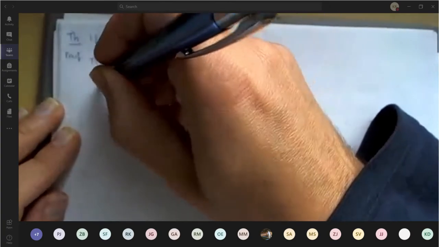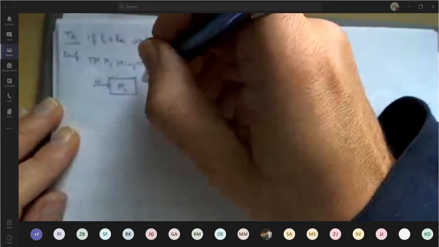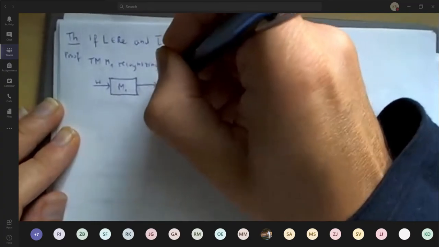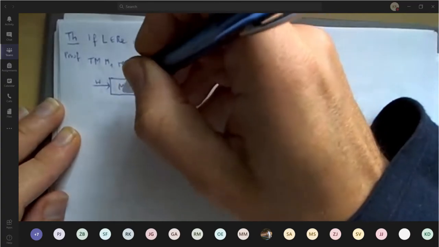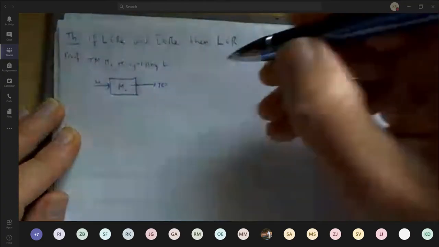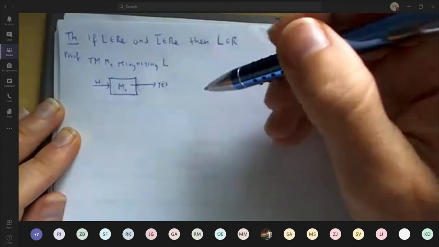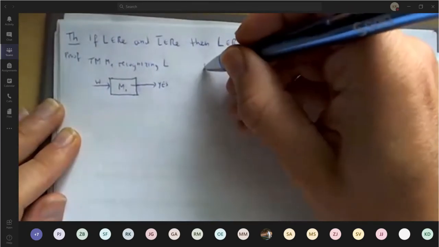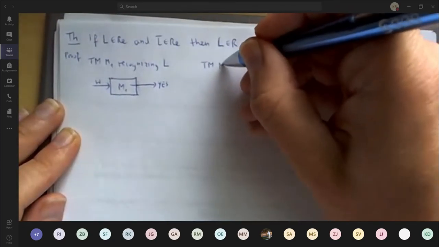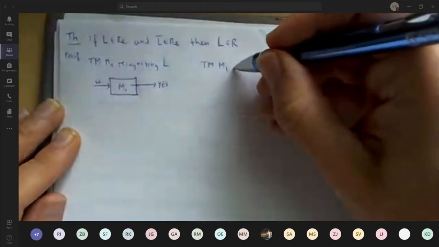M1, input string, and it answers yes. Okay, since the complement of L is also recursively enumerable, there exists a Turing machine M2 recognizing this language.